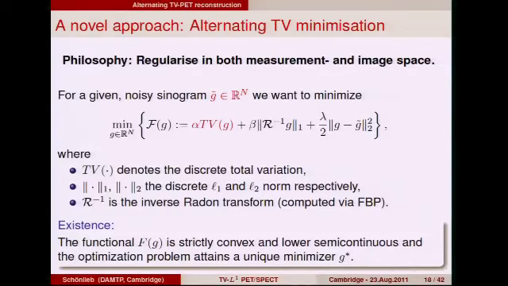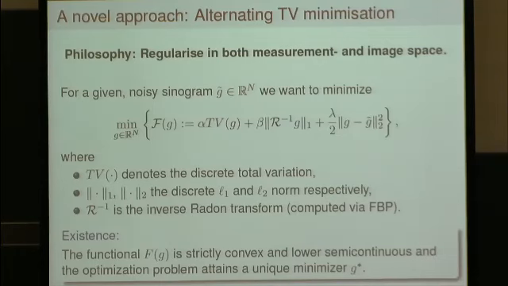You want to balance regularization on the sinogram, which we model by total variation minimization, against a regularization in image space. And here I just took, as a first approach, something where we don't want to regularize much, okay? We just want to have a sparse solution in image space.